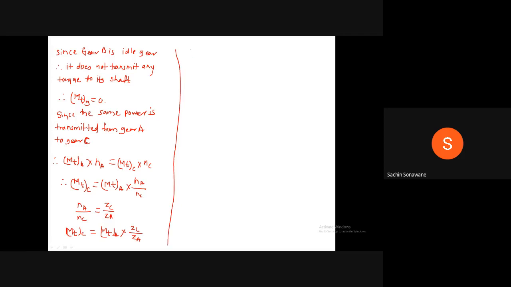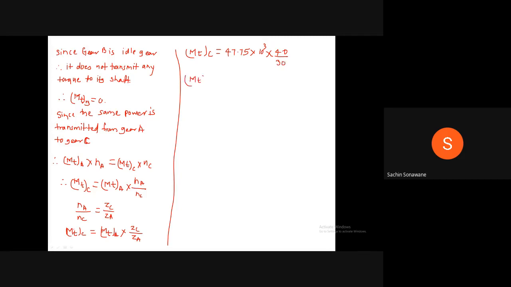MTC is equal to, substitute the values, 47.75 into 10 raised to 3 into ZC 40 divided by 30.